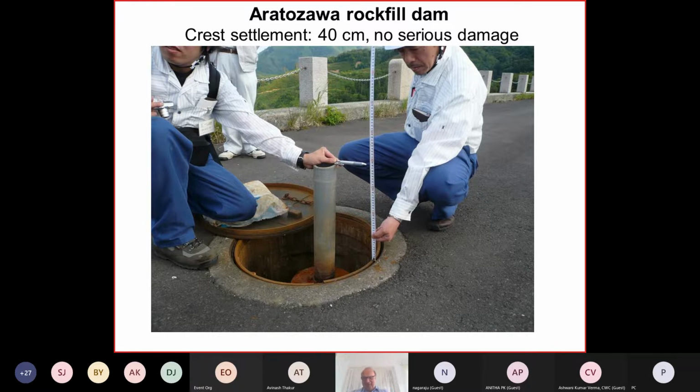Somebody asked me before, what are the allowable deformations? It depends on the dam type. 40 centimeters is no problem. Of course, it may be a problem that you have a loss of freeboard of 40 centimeters. So this may be a safety problem, but for the dam body itself, it has no effect, as you can see in this case.